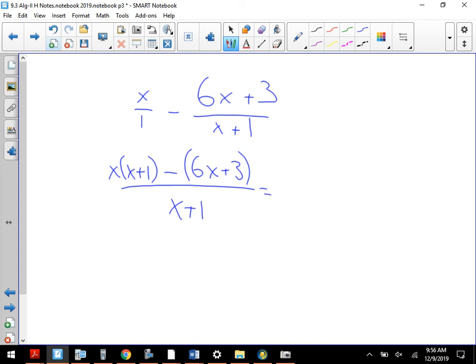So we get numerator x squared plus x minus 6x minus 3. So it's x squared minus 5x minus 3 all over x plus 1. And that would be done because you can't factor it from there. And that's usually where you will mess up. When you have that secondary term being subtracted, you will forget to distribute. Don't forget to distribute.